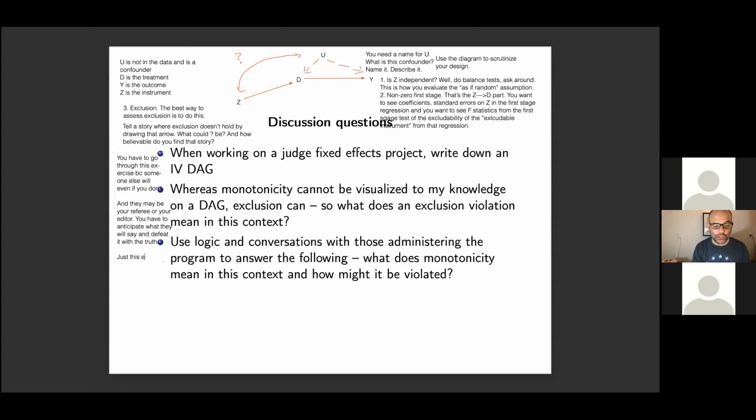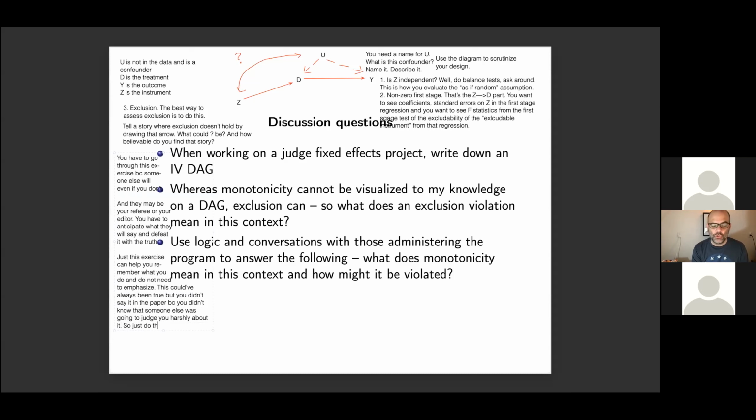Just this exercise can help you remember what you do and do not need to emphasize, right? This could have always been true, but you didn't say it in the paper because you didn't know that someone else was going to judge you harshly about it, right?